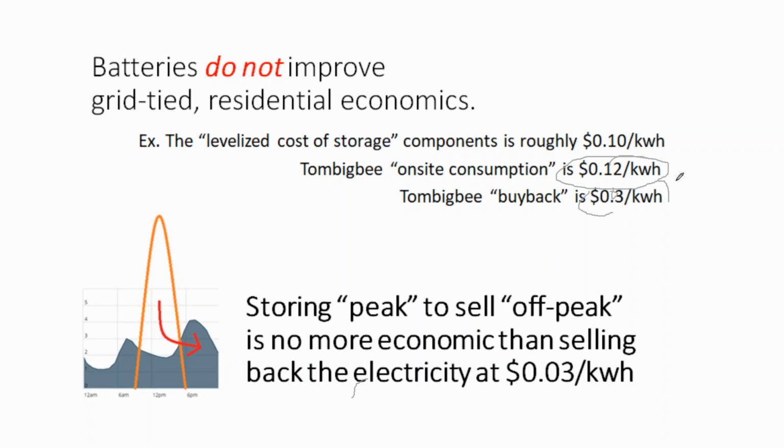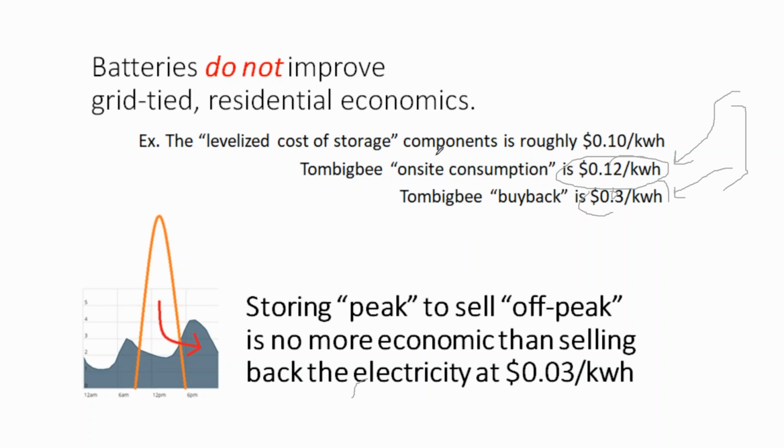Or in other words, as this relates to solar, let's assume my electric rate is 12 cents, but the buyback is only 3 cents. And so I have about a 9-cent differential between peak and off peak.